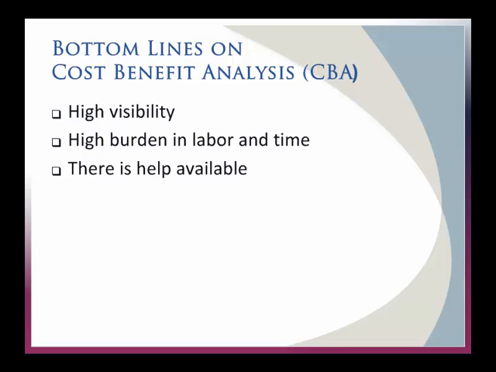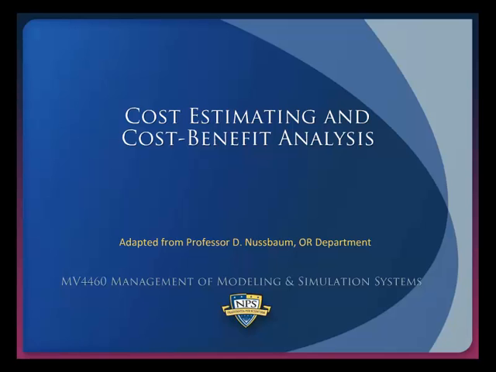So making sure you get your time right and your man hours right is going to be important. And there's lots of help available. There's a lot of folks who do this for a living, and they're a lot smarter than we are in how to do cost-benefit analysis. We're good at what we do, and they're good at what they do, and we should be reaching out to the cost-benefit analysis folks to make sure that we are getting better estimates on our programs, because it just helps make us successful too.